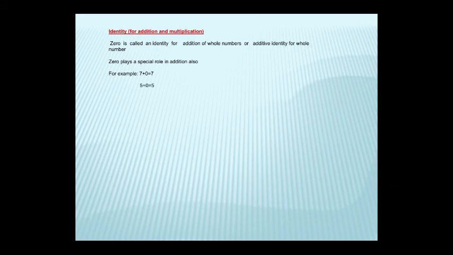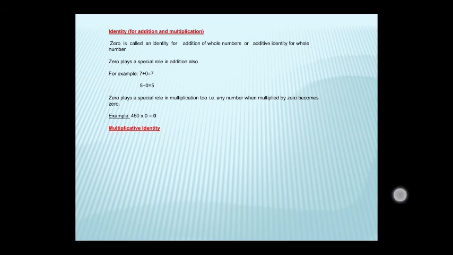For example, 7 plus 0 is 7 only, 5 plus 0 is 5 only. So 0 plays a special role in multiplication also. Any number when multiplied by 0, you will get 0 only. 450 multiplied with 0, you will get 0.